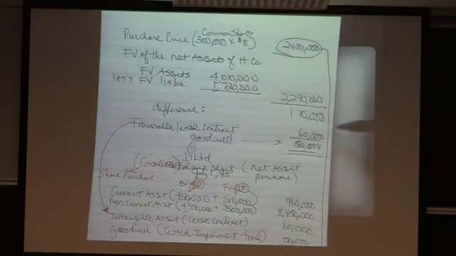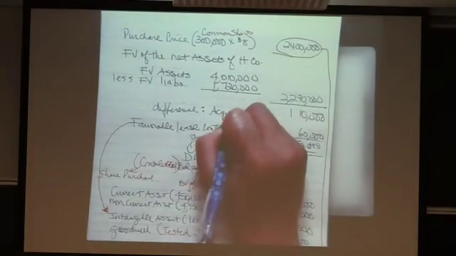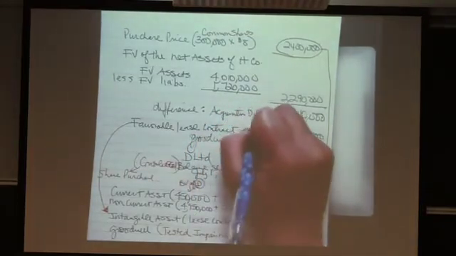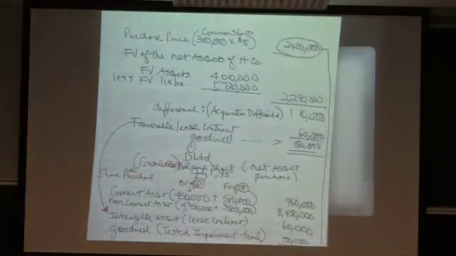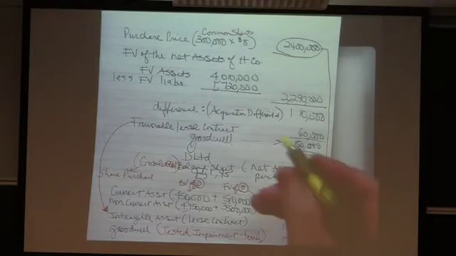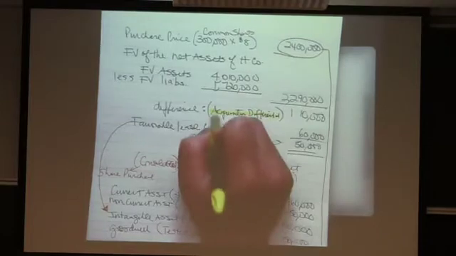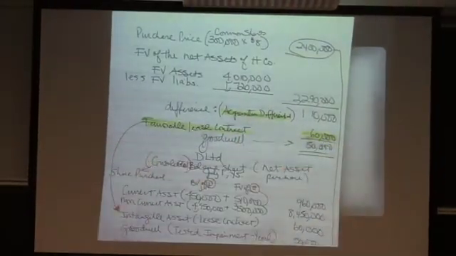Then we have an acquisition differential, and that's what it's called. And this acquisition differential, we have to analyze based on what else was not recorded on the books of H. And of course, one of them was the lease contract, that's 60,000.